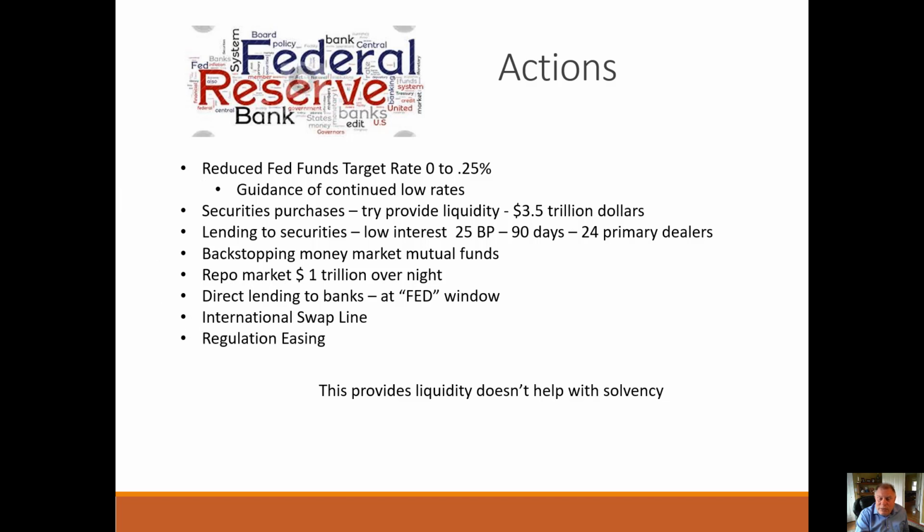They've eased some of the regulations. So these things are tools that the Fed is using. It's keeping liquidity or cash moving so that we don't seize up. It doesn't help with solvency. Okay? Very important to understand the difference of liquidity, which is keeping cash available, versus solvency of a company. They're two very, very different things.